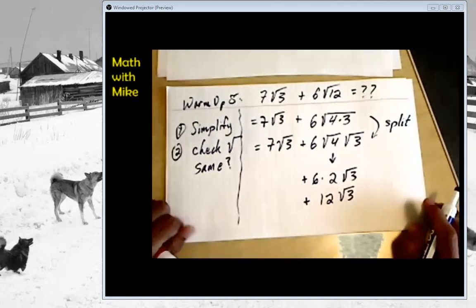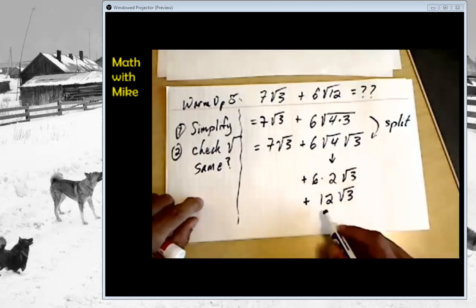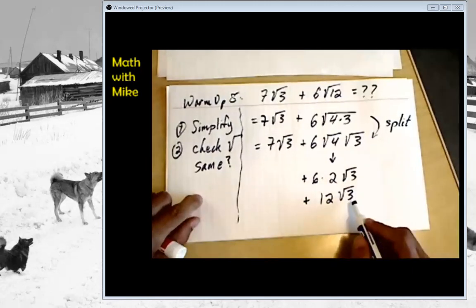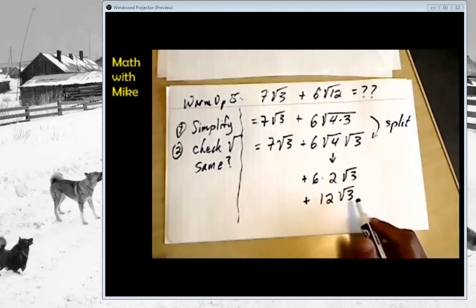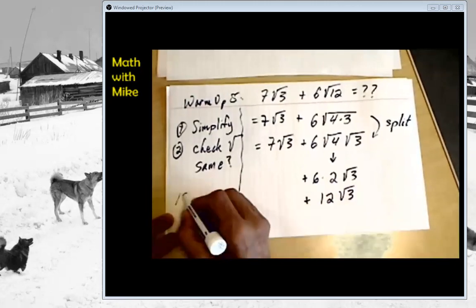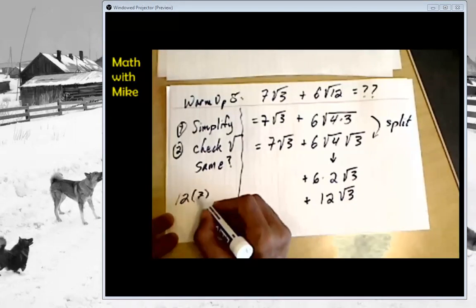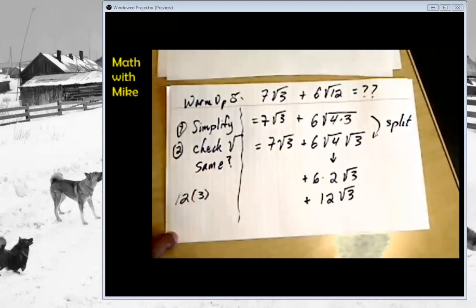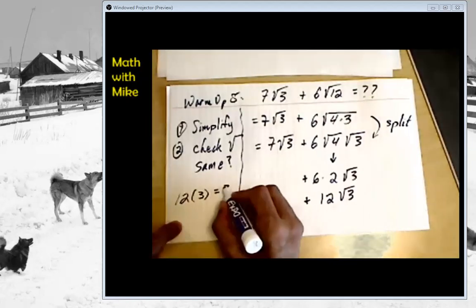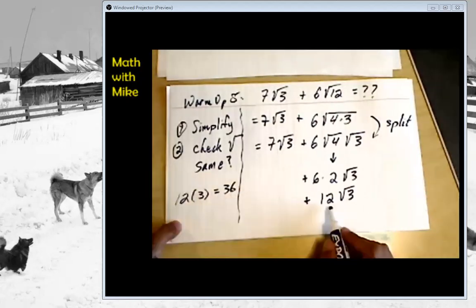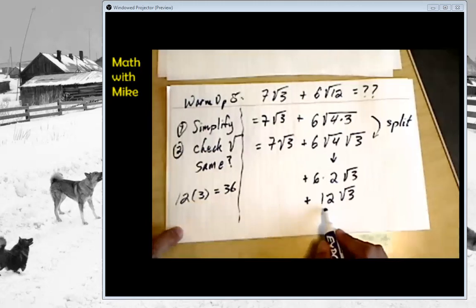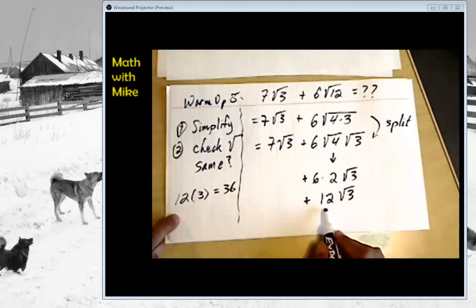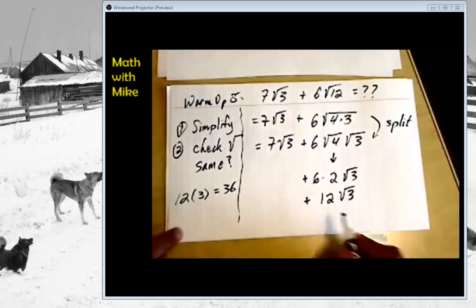That would be a disaster if you did 12 times 3, because watch, if you did 12 times 3 with a good set of brackets, 12 times 3, 36. 12 times root 3, yeah, done, finished.